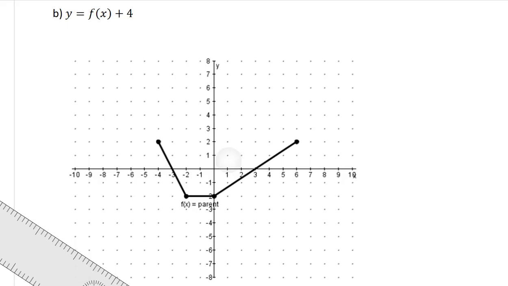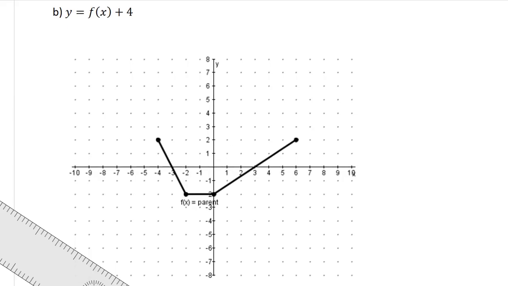For our next one, the equation y is defined as f of x plus 4. This simply means that it's a vertical shift of 4 units up. So every point on the graph of the parent function is translated 4 units up. So this one goes up as well.